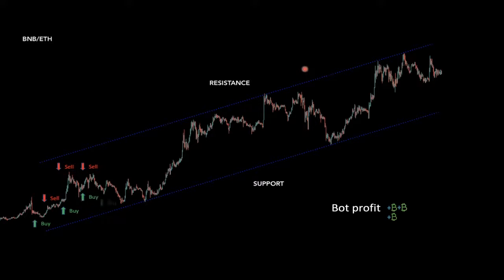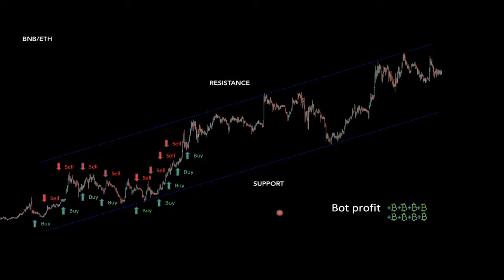And you see, here comes the exact visualization of this algorithm. When the price moves lower, the algorithm buys, and as soon as it goes higher, it sells. And that's how it extracts profits from the market. And notice that that's the rising market in general. So BNB is appreciating in value to Ethereum.